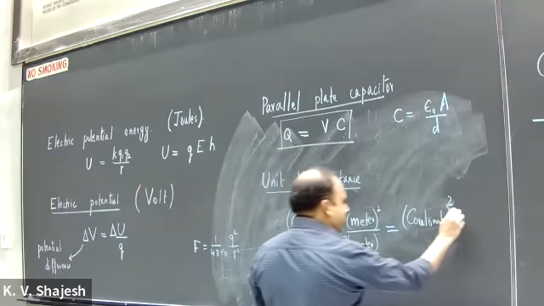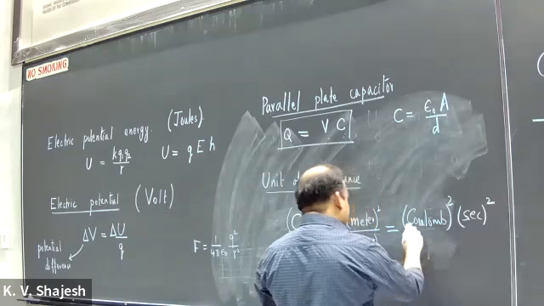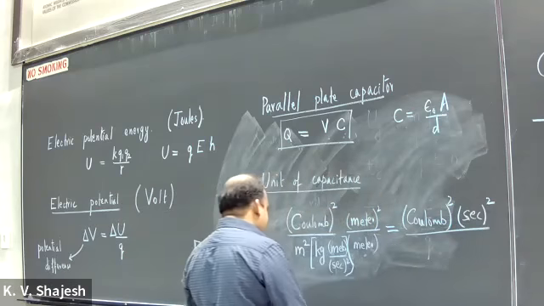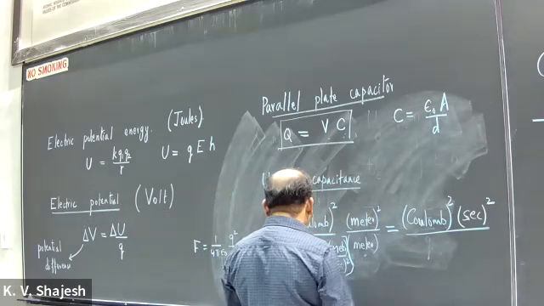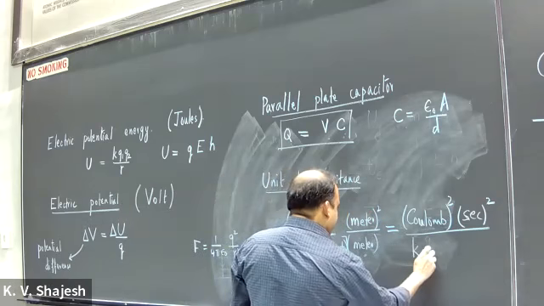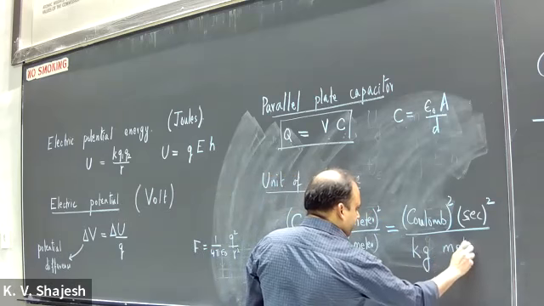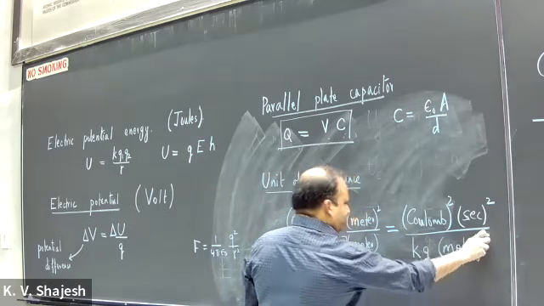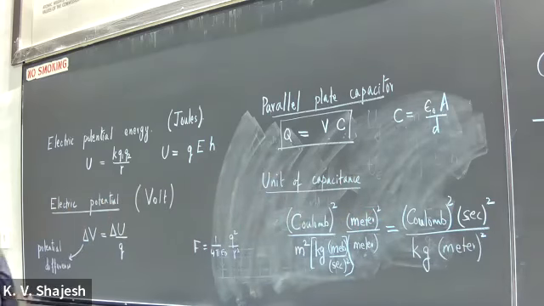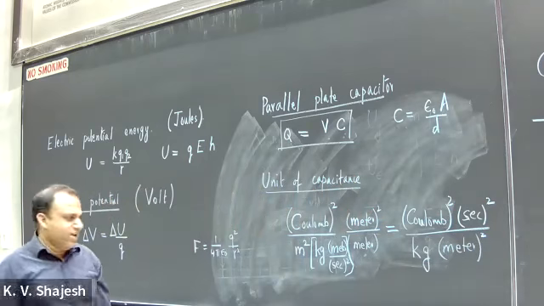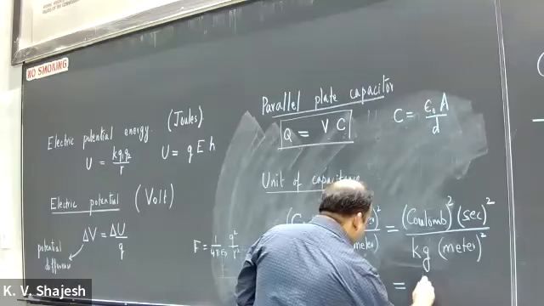So this is second squared divided by kg and meter squared. You don't want to be writing that all the time. You create a new vocabulary. So that's equal to a farad.